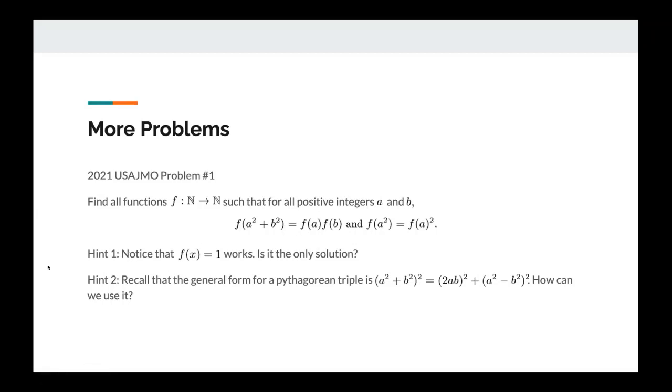Yeah, and there are 2 hints here. The first hint is that f of 1 clearly works, but is it the only solution? And the second hint is the general form for Pythagorean triples. So if you've ever learned the generating function for Pythagorean triples, it's here. So a squared plus b squared, squared, equals 2ab squared plus a squared minus b squared, squared.